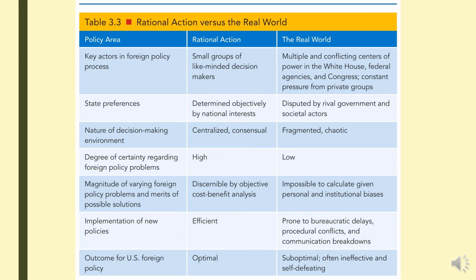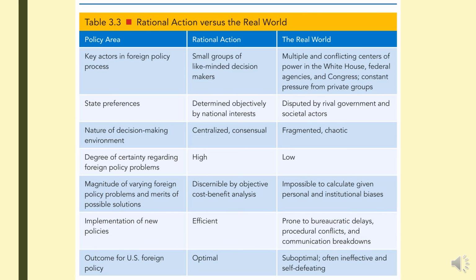Rational action assumes like-minded decision makers, a unitary decision. It assumes objectivity. It assumes a high level of information. It assumes a high level of efficiency. All of these things don't necessarily exist in the real world. And this is what the next three lectures are going to look at.